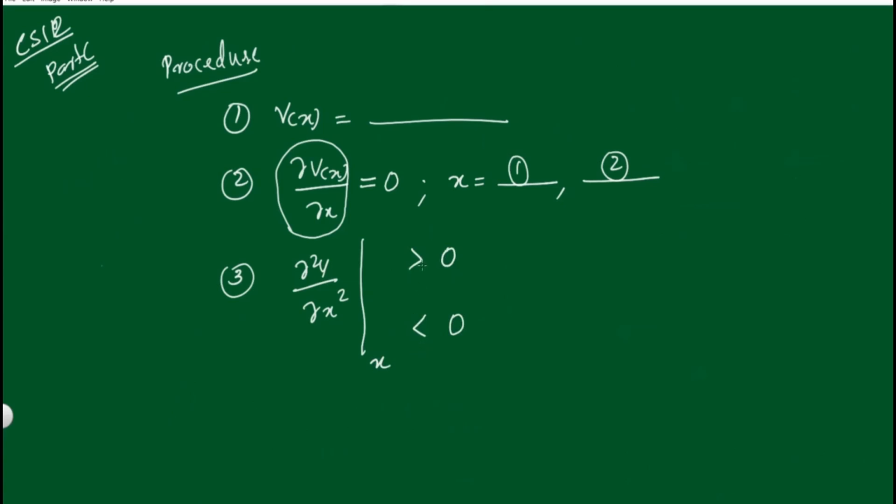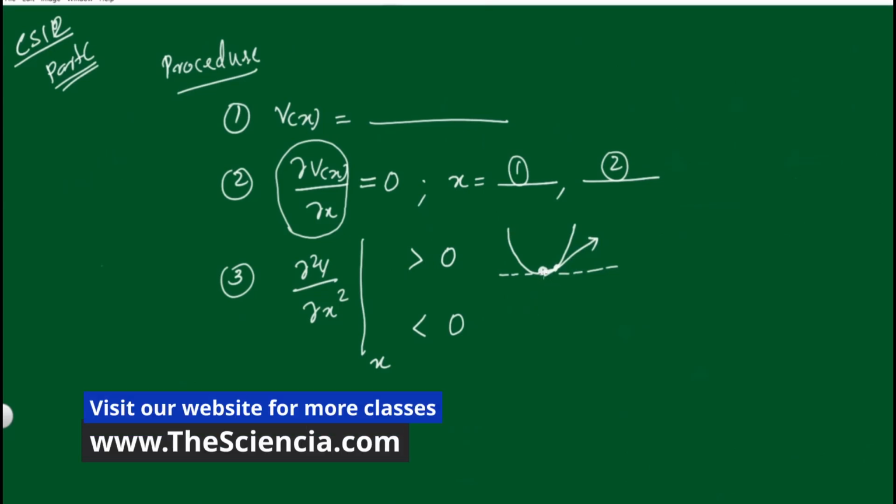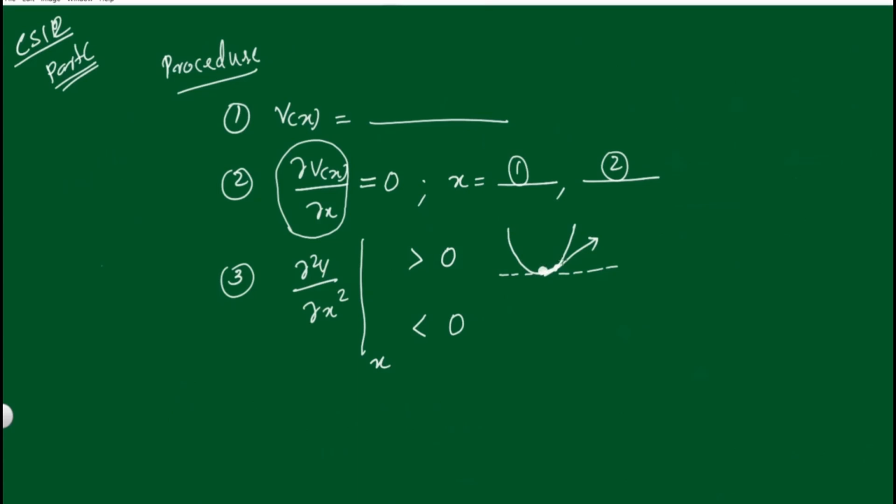Greater than 0 means the change of the slope is positive. That means the particle is here. This is my x-axis, see? And if the particle is slightly moving in this positive x direction, the slope will be in the positive direction. So you can easily figure out that if the particle is moving like this, then it will definitely come back to its initial position.